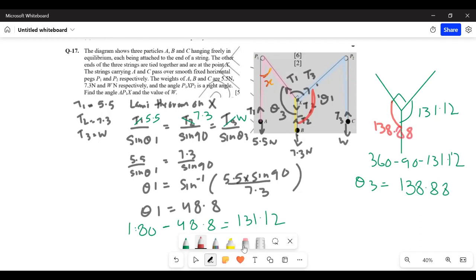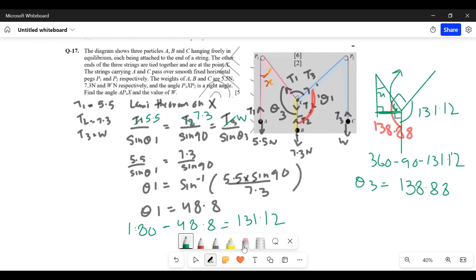ओके, अब हमसे क्या कहा गया है? हमें कहा गया है ये एंगल निकाल के बताना है। यहाँ पे एक एंगल बन रहा है, वो निकालना। Let's say X, ये एंगल निकालना। तो अगर हम इसको एक राइट एंगल बना लें इस तरह से, तो यहाँ पे 90 आ जाएगा। और ये जो रिमेनिंग एंगल है यहाँ पे, that would be 138.88 minus 90, because this is 90 as well.